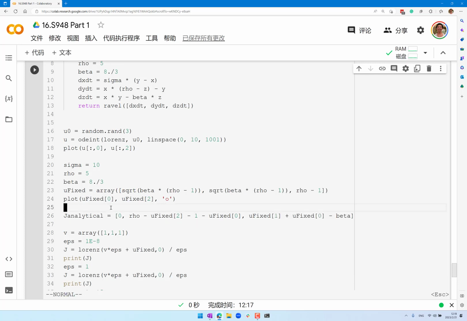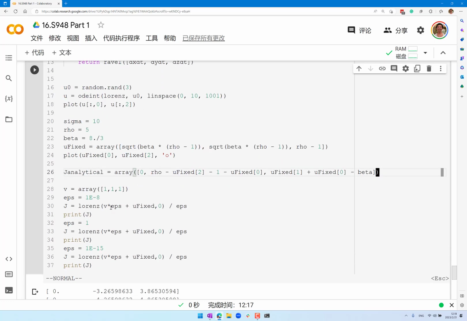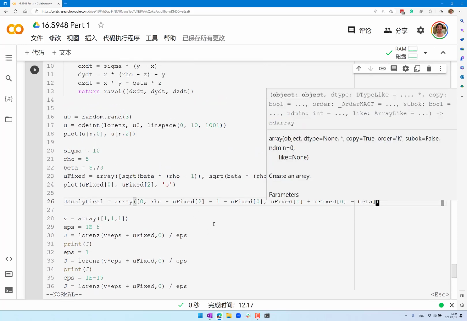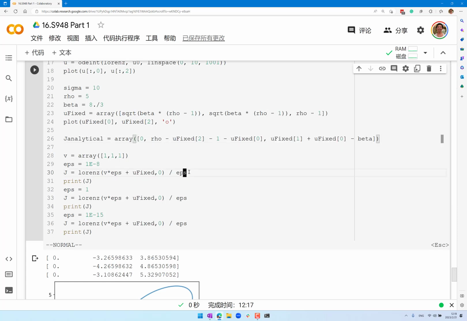So that's the analytical j. And let's make it a numpy array. All right. Any questions on this analytical formula? Yeah, just taking derivatives. Okay, so let's compute j in this way and look at how much error we get.